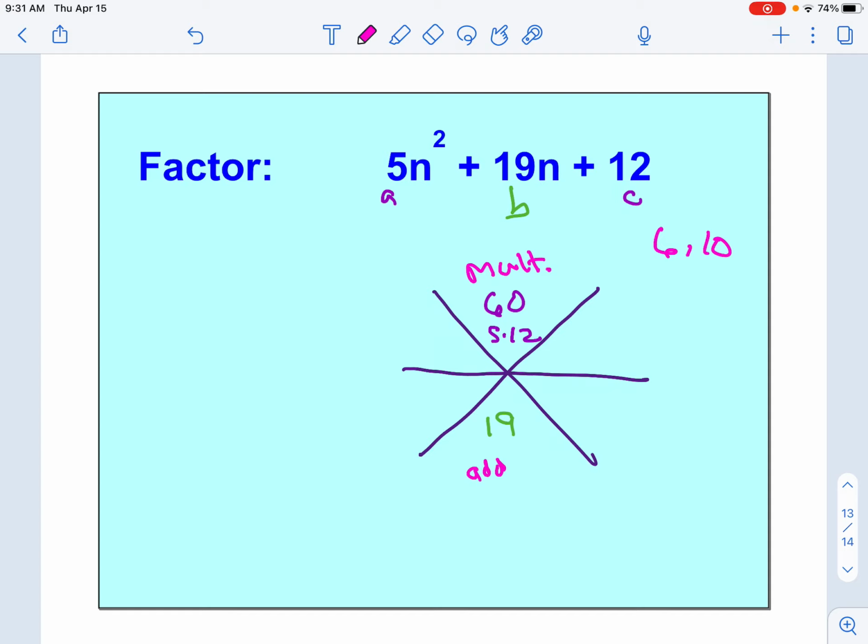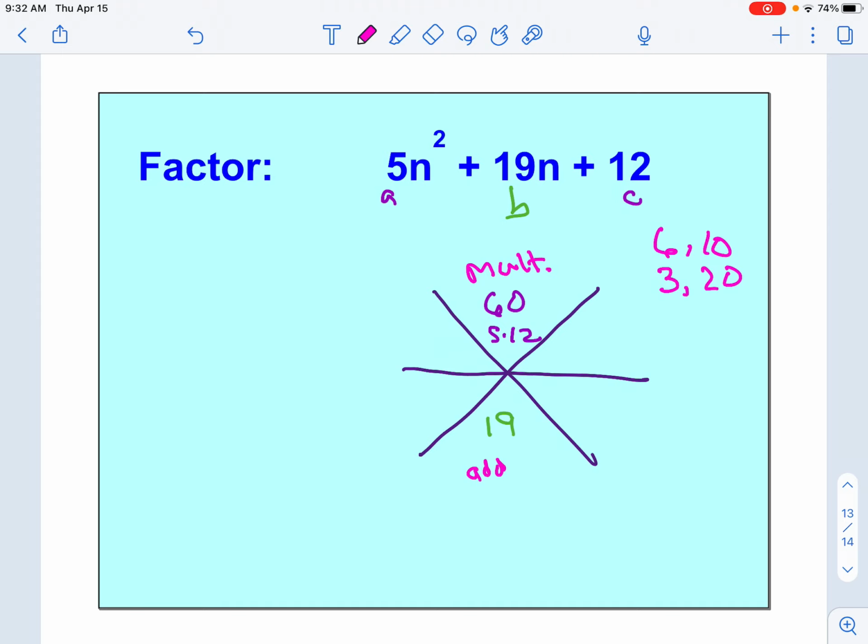I'm going to try, how about 4? Does 4 go in, and sometimes this is just a guess and check on your calculator, but I know that 3 times 20 is also 60. But that does not add up to 19 either.